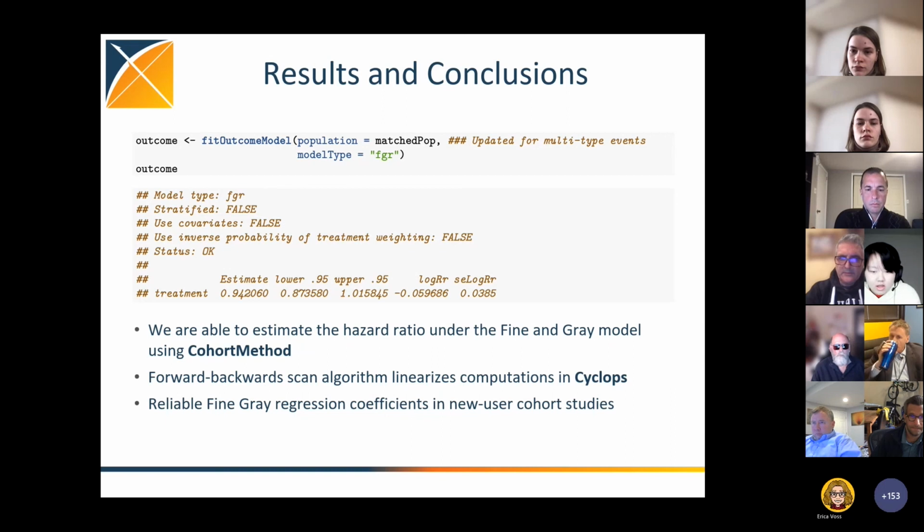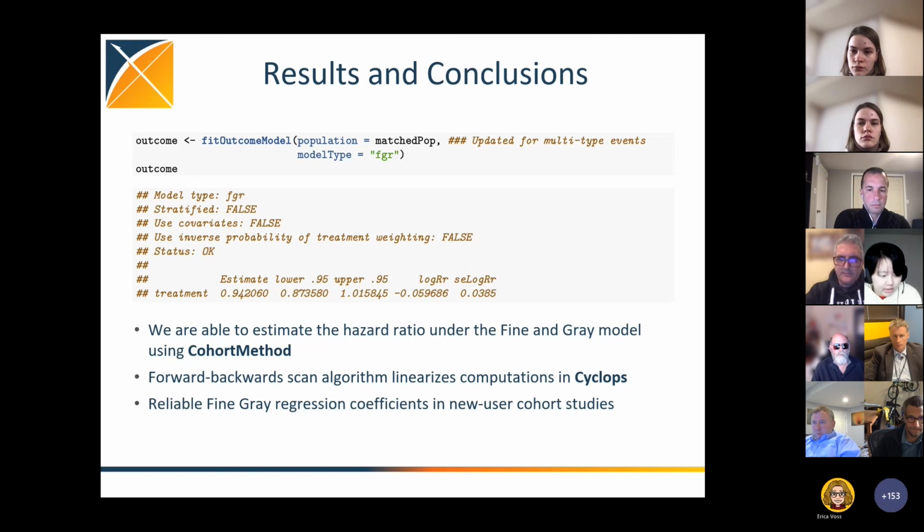For some of our conclusions, we are essentially able to estimate the hazard ratio, in this case under the Fine and Gray model using CohortMethod. The new novel forwards-backwards scan algorithm linearizes computations in Cyclops.